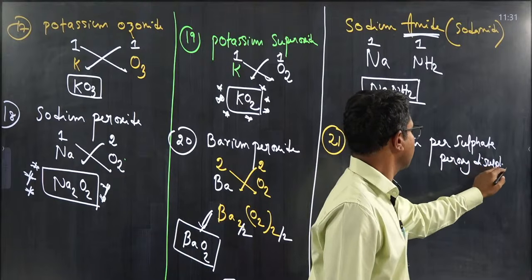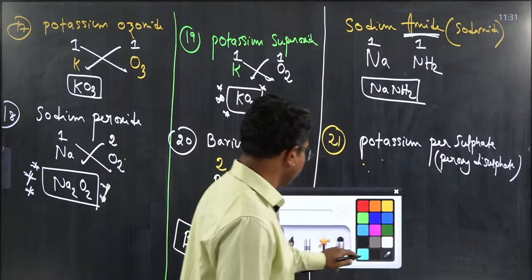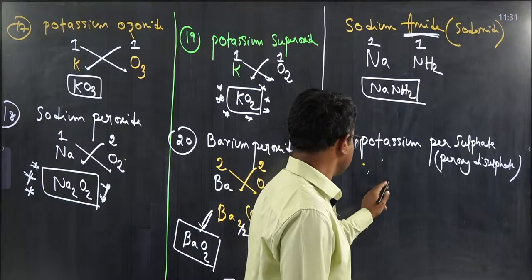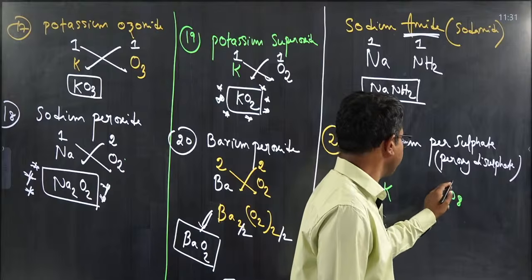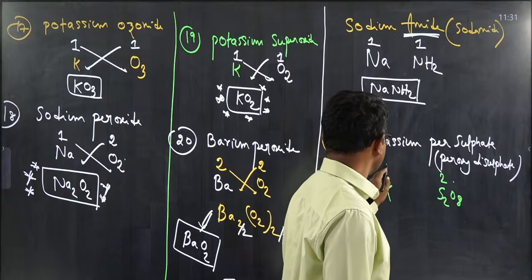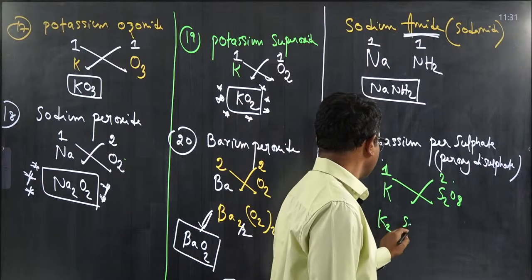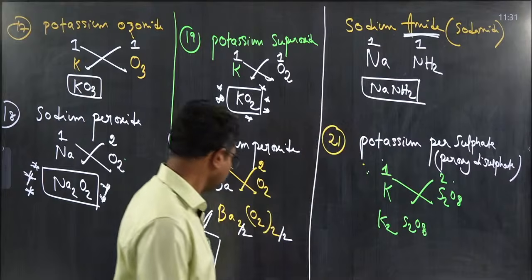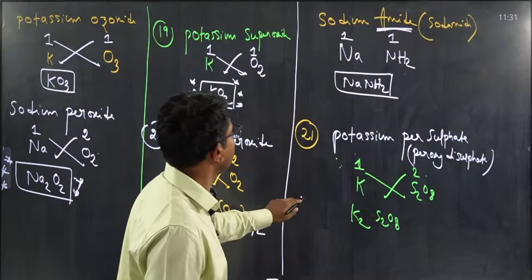Even this compound is used in future +1 and +2 classes. Potassium symbol is K, and persulfate is S2O8, valence is 2, and potassium valence is 1. If we crisscross these valences, K2S2O8. This is a very important compound.